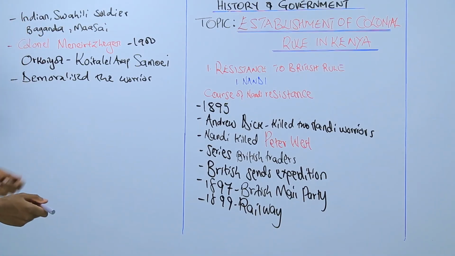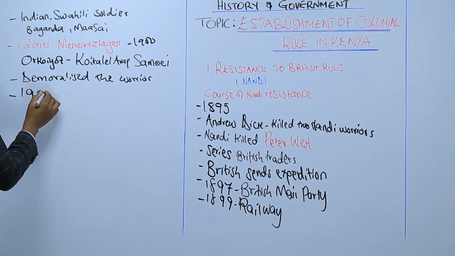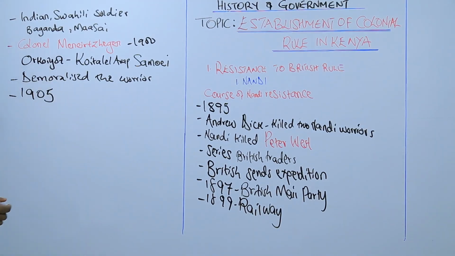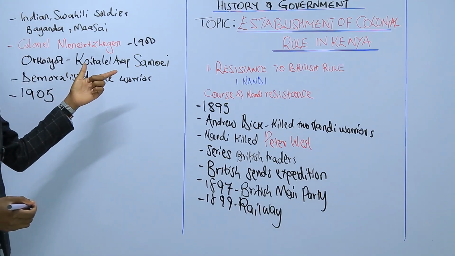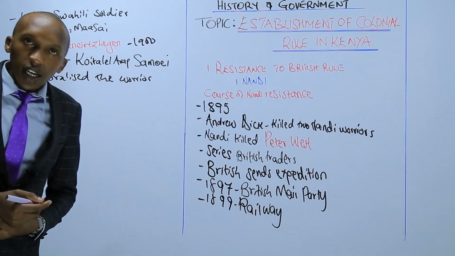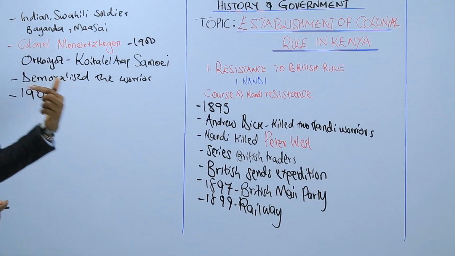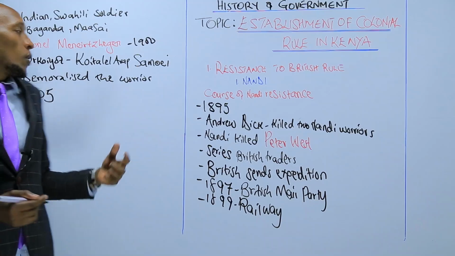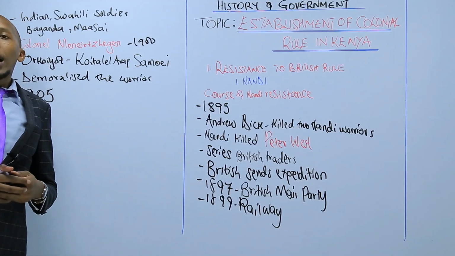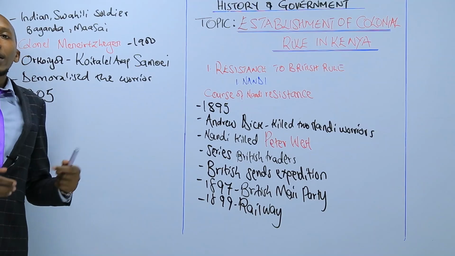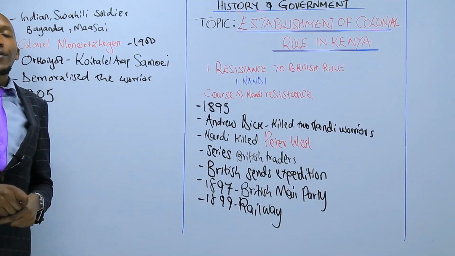So the British took that opportunity, and in 1905, immediately after the execution of Koitalel Arap Samoei, the Orkoyot at that time, though they continued to fight, they did not fight with the vigor that they had. So in 1905, the British sent the biggest expedition they had ever amassed.